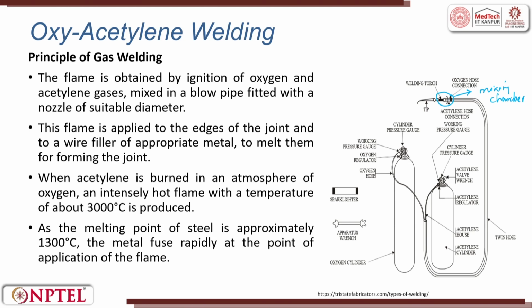After the mixing chamber you will have a gas flow rate controller, through which you control the flow such that at the tip exit I can make a flame. So, here is a flame. Here you will also have a flow control valve.